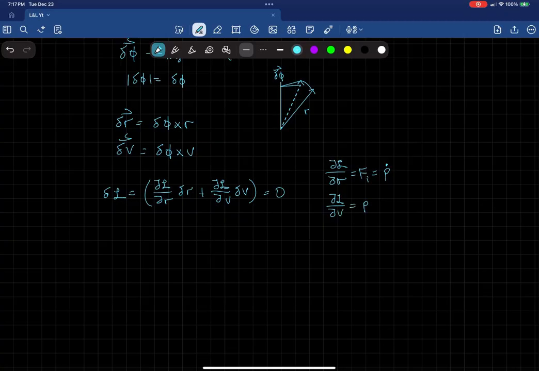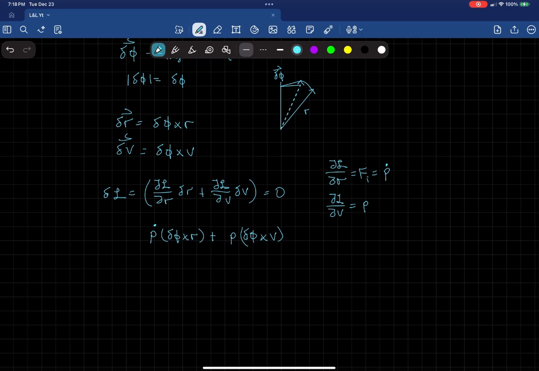So if we plug these in here, we have p dot, and our del r is equal to del phi cross r. So p dot times del phi cross r plus p times del phi cross v.